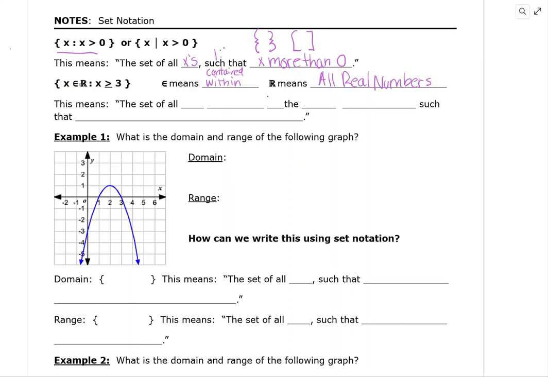So x is contained within all real numbers such that x is greater than or equal to 3. When we write this out, it says the set of all x's contained within the real numbers such that, so that's our colon, x is greater than or equal to 3.